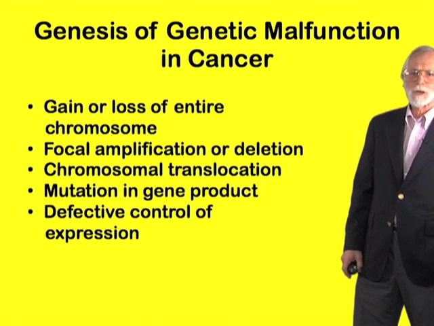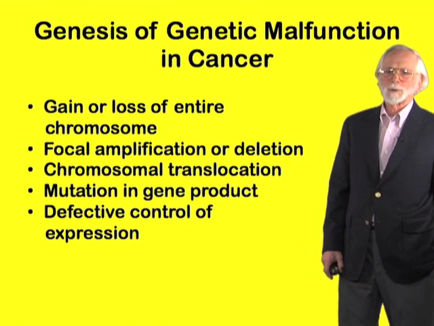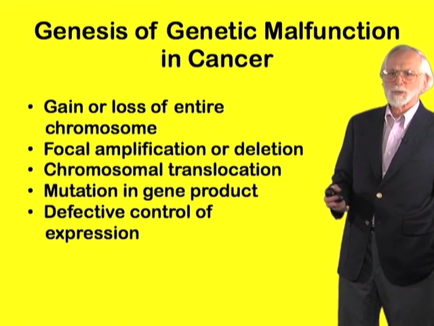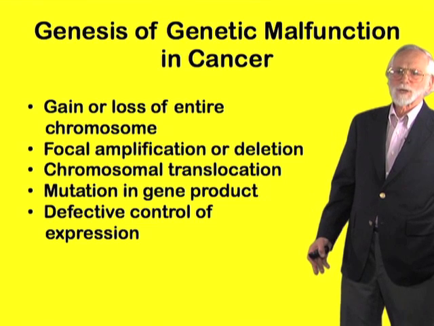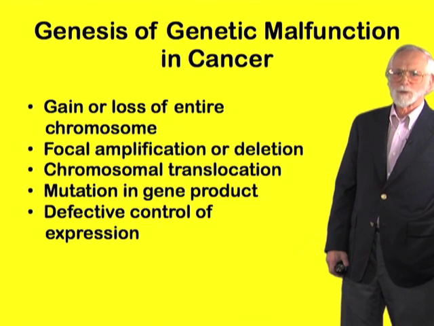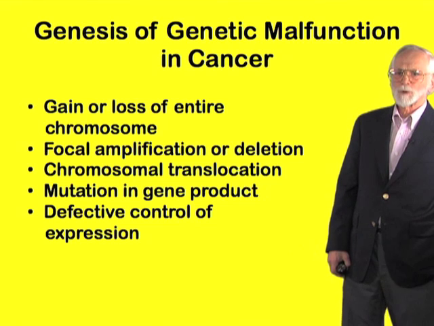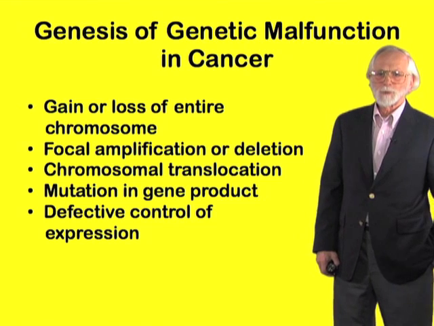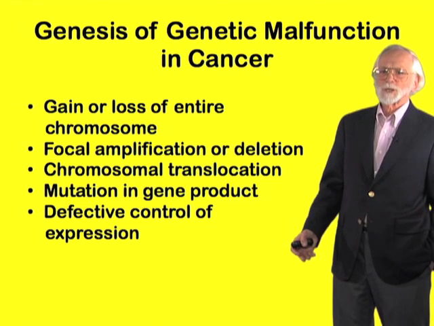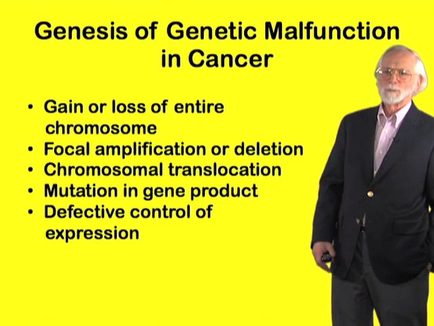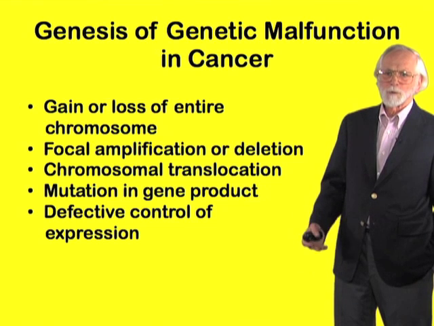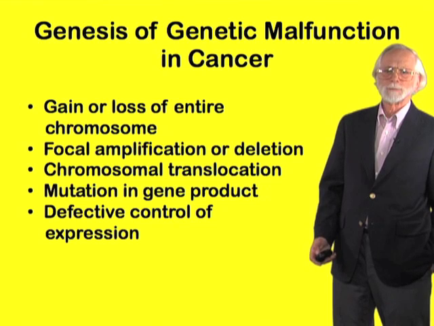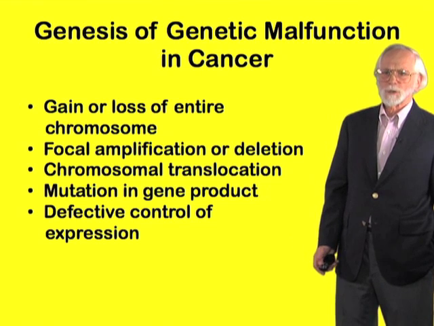They include gain or loss of an entire chromosome, focal amplification or deletion within a chromosome, as I illustrated for you with the retinoblastoma gene, chromosomal translocations, as I illustrated for you with both the Philadelphia chromosome and the case of the proto-oncogene MYC, a direct mutation in the gene product, which activates the gene product in the case of a proto-oncogene, but inactivates it in the case of a tumor suppressor gene, or defective control of expression, either up or down. Up for a proto-oncogene, down for a tumor suppressor gene. And all of these have been observed in human cancer.